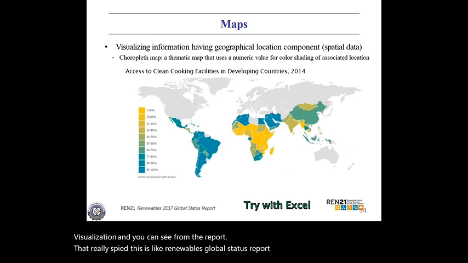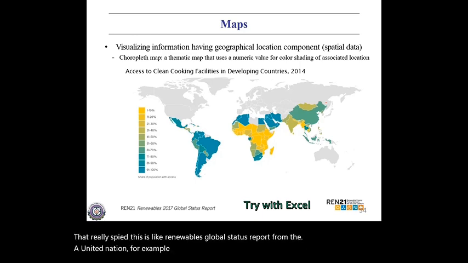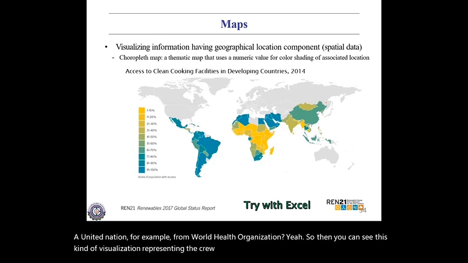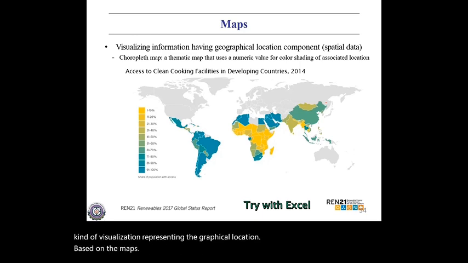So you can see this kind of visualization representing the geographical location based on the maps. Then put the color, for example here yellow and green. So it has a different meaning for each.